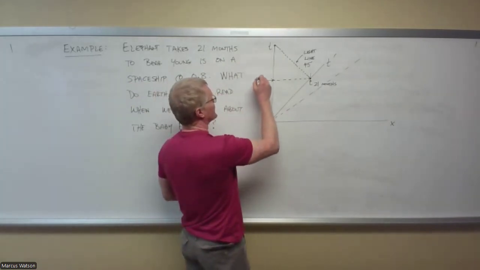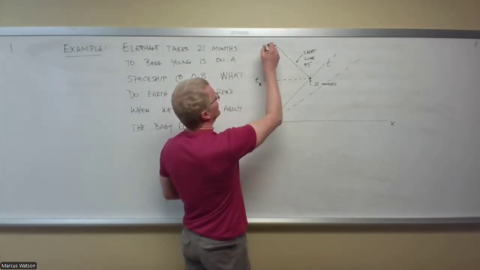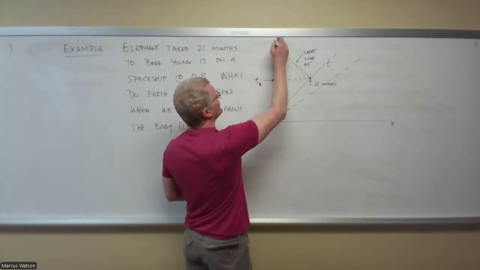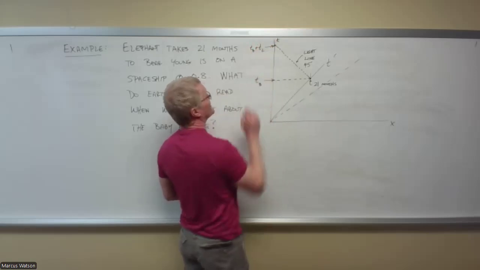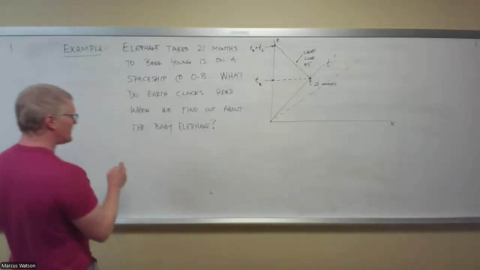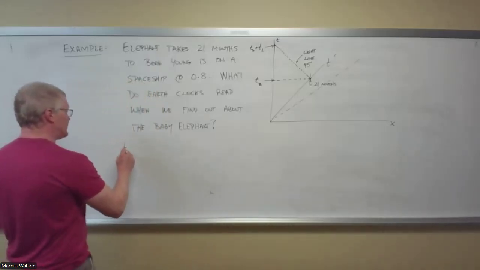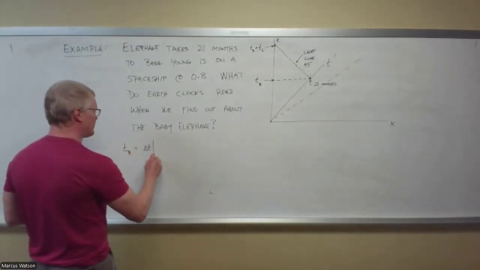All right, so this is the time of birth, I'll call that TB. And then this time here, this is supposed to be my axis, so I'll put that there. And I'm curious about that. That's TB plus time of L, which is the light to go. All right, that's what I'm interested in. So TB is the time as seen on Earth.